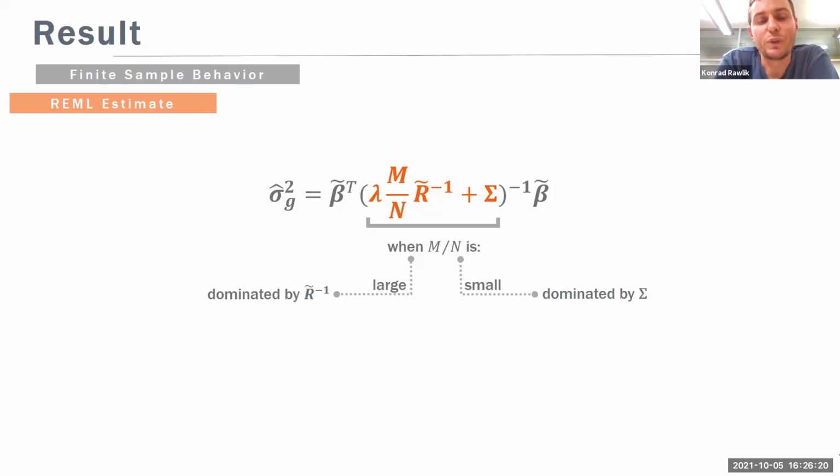This is what we're hoping for, because this is the expression that appears in the population quantity that we want. However, once this m over n term gets small, that is, when the sample size grows and grows and grows, this overall term is dominated by our choice of prior for SNP effects, the sigma, which is what we saw in the asymptotic effects, where it basically reduces completely to just the sigma.